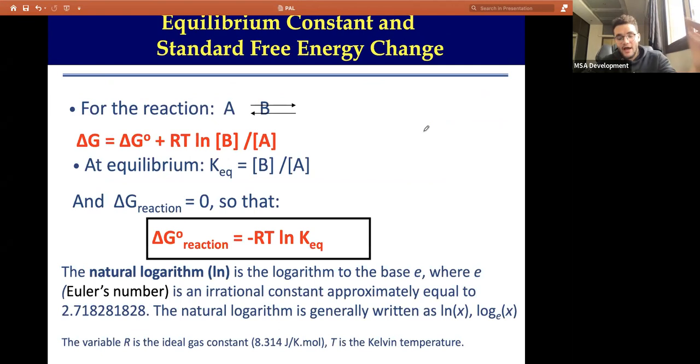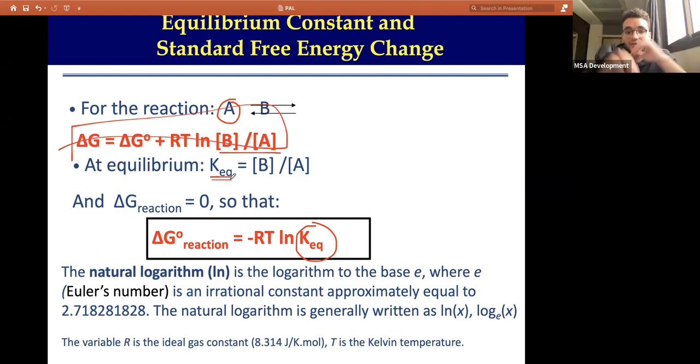Okay. Now, we do have a way where we can correlate delta G, the standard free energy change, with equilibrium. So we know when there is equilibrium, the concentration of A and the concentration of B are both going towards each other, so they're at equilibrium. So I can replace the concentration of B over the concentration of A with the equilibrium constant.